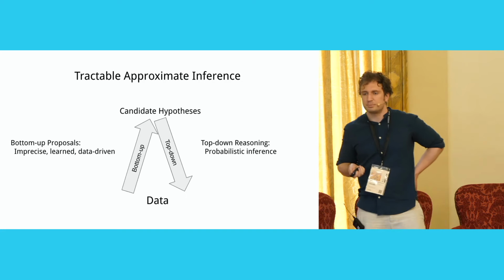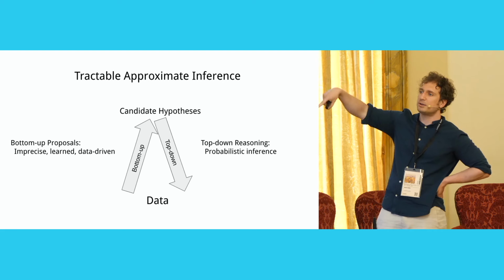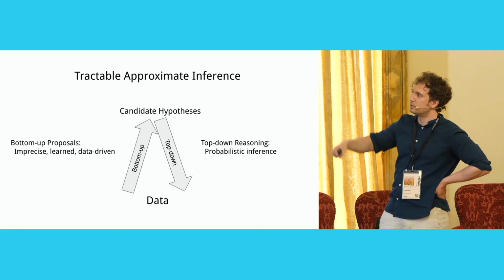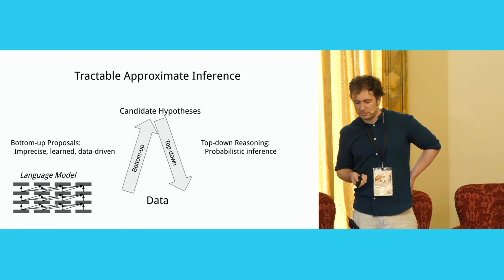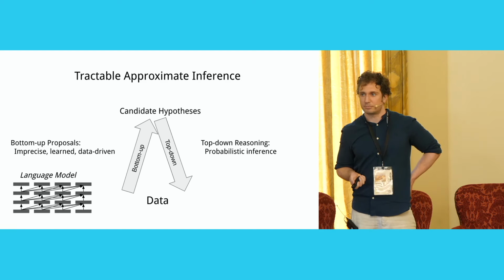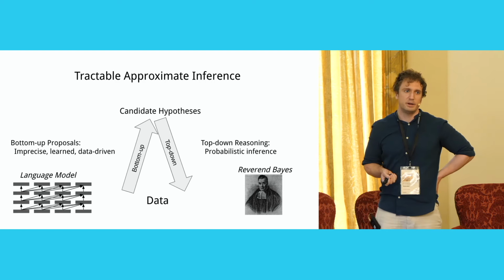It's OK if a lot of those bottom-up proposals are wrong, because it's the top-down process that's going to reanalyze those proposals under probabilistic criteria. So the bottom-up process is going to be a pre-trained language model, and the top-down process is going to be Bayes' rule.